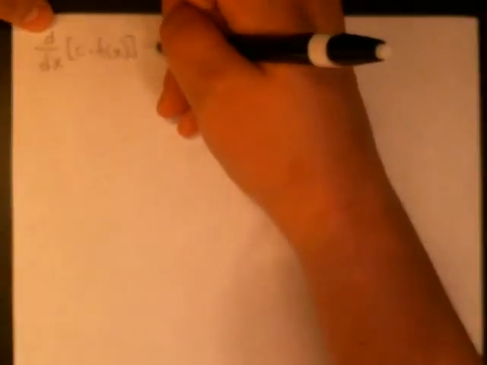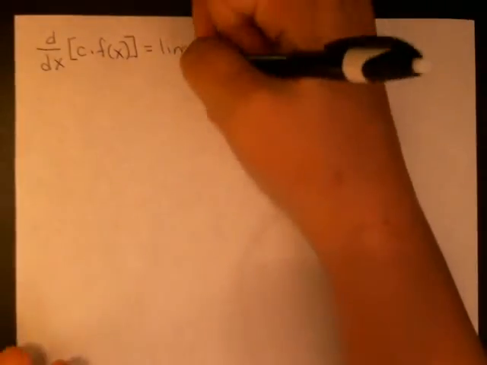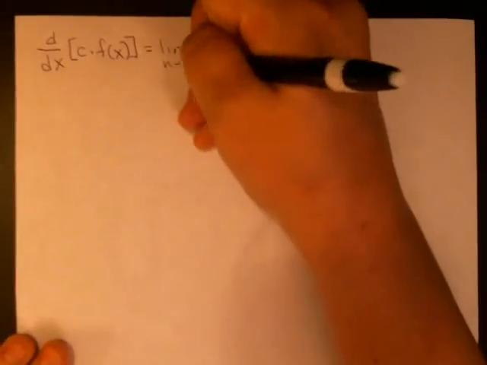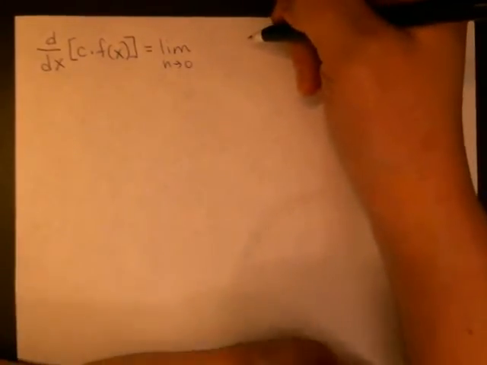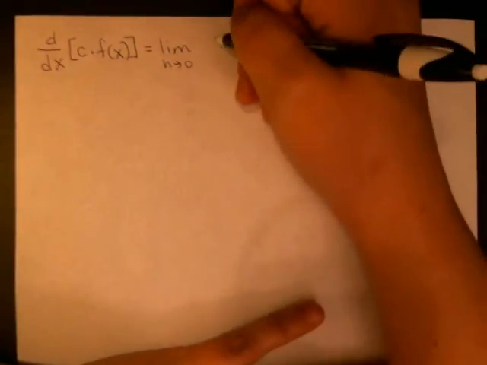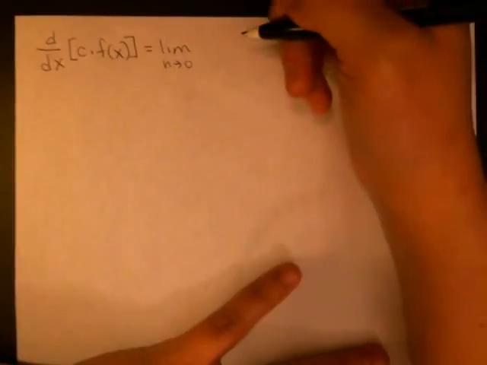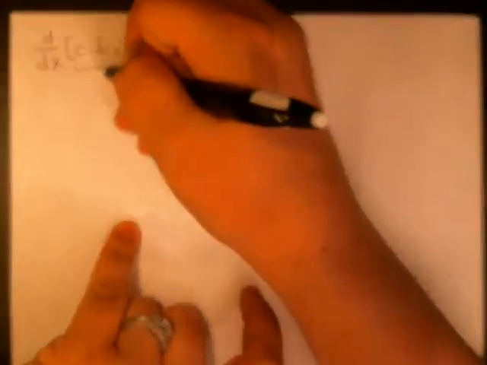I don't plan on asking you to reproduce this, but I want you to see where the rule is coming from. So watch and try to follow along and understand what's going on here. Once we've done this once, you get the shortcut for free, so you won't have to keep doing this over and over again.